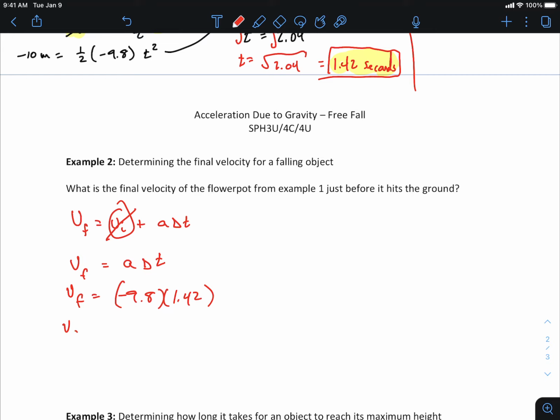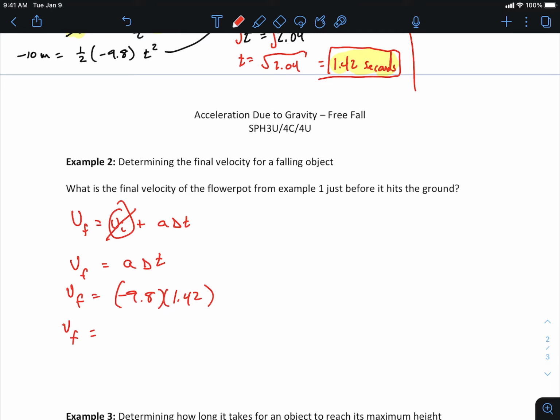If you guys are wondering the same thing I'm wondering, why is this number negative? How does that relate to my answer? I'm going to show you that in a second, in case you're burning with a question. But you just do the math on that. I'm just going to find my calculator. We just need to take negative 9.8 and multiply it by 1.42.